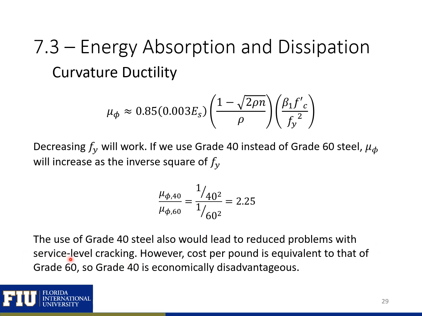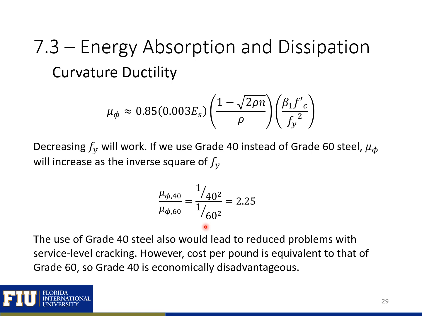One problem can be service level cracking, and the cost of grade 40 steel is about the same as grade 60 steel right now, just because grade 60 is so widely available, and grade 40 is not as available for reinforcement. So it can be economically disadvantageous.